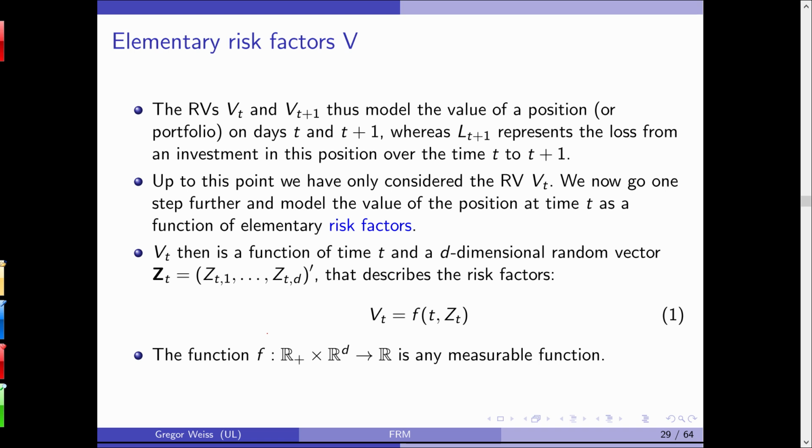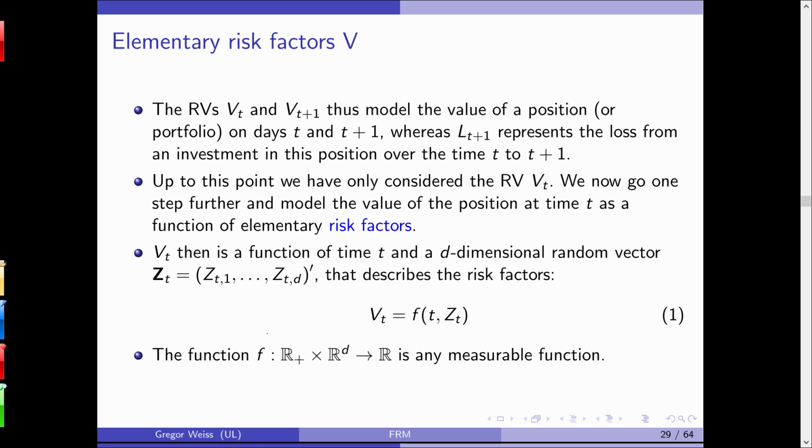Overall stance of the economy. If the economy goes down, the market might also go down. Market risk. Market return from the CAPM. So we have a number of elementary risk factors that might or might not be directly related to the company that can influence the stock price.